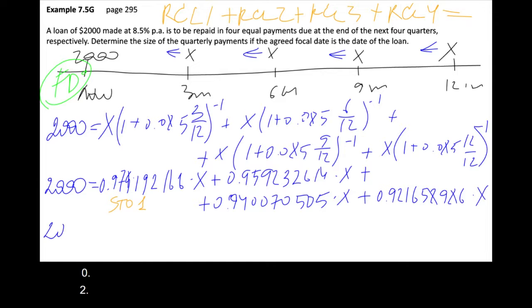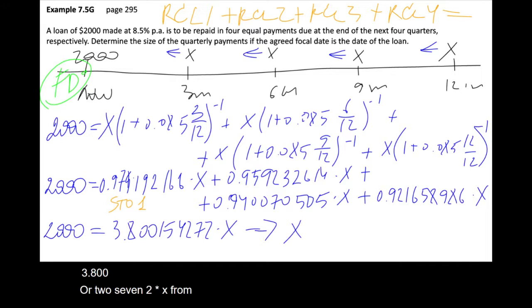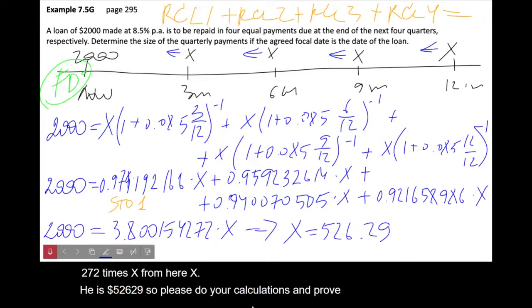So now I add them up together. I have 3.8004272 times x. From here, x is $526.29. So please do your calculations and prove my number.